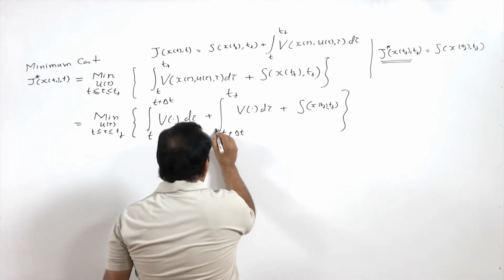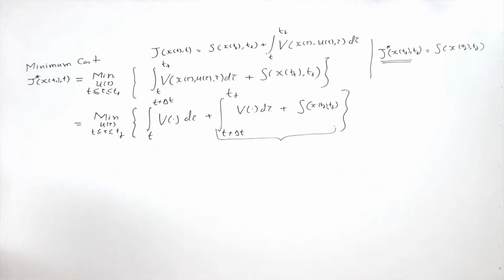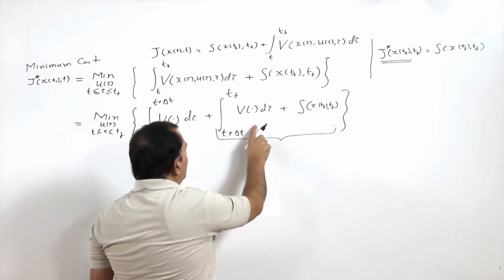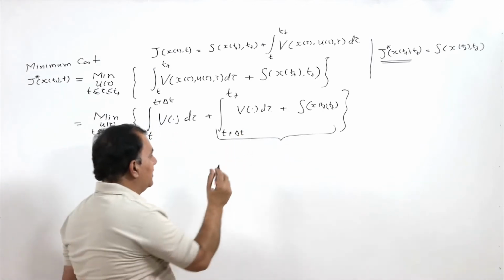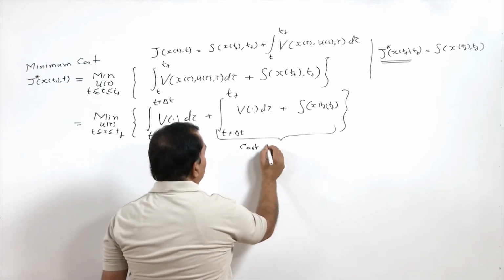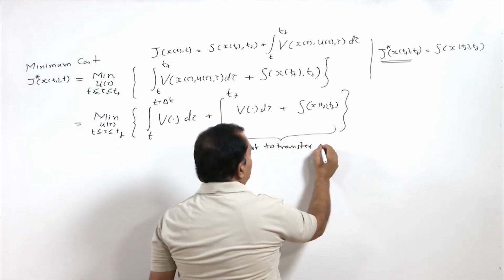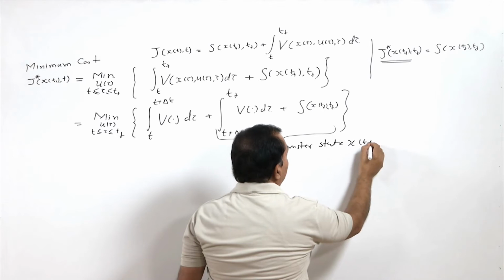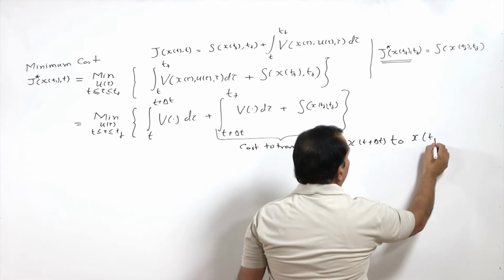Now, what does this second term represent here? This second term is the cost to transfer the state from x of t plus delta t to x of t f.